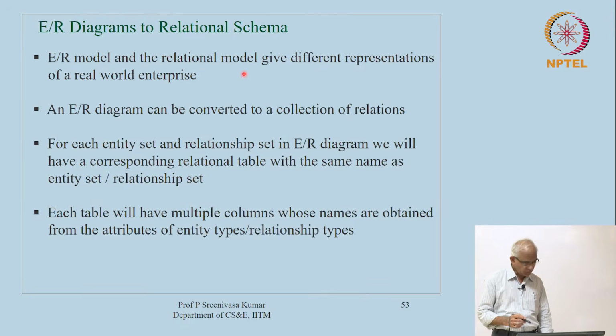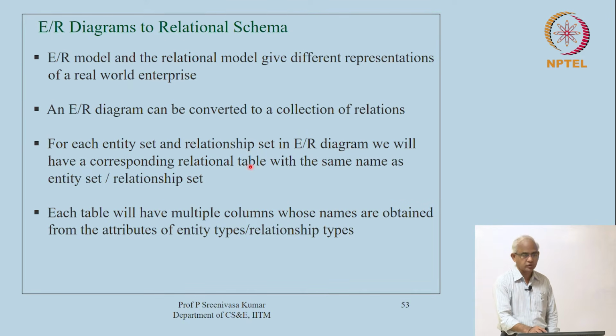So, basically for each entity set as well as a relationship set or type, we interchangeably use these words. So, for each entity set and relationship set in the ER model, we will have a corresponding relational table.